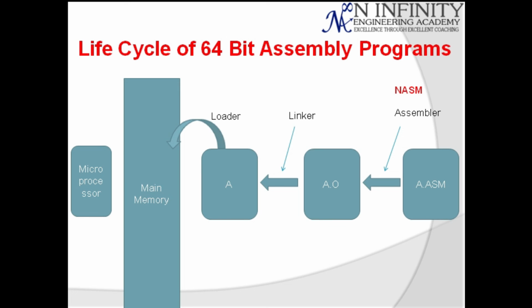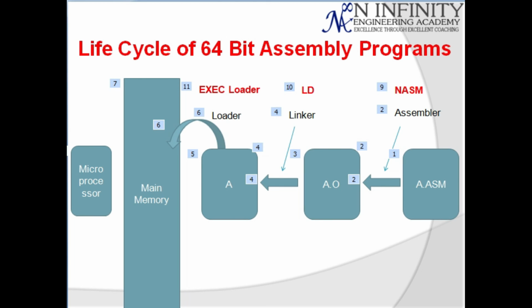Again, I'm using NASM as the assembler, ld as the linker, and the exec loader is loading the file into main memory. I hope you understood the life cycle and comparative analysis of C, 16-bit assembly and 64-bit assembly, and here we are in a ready position to move into the details of 16-bit assembly code as well as 64-bit assembly code.